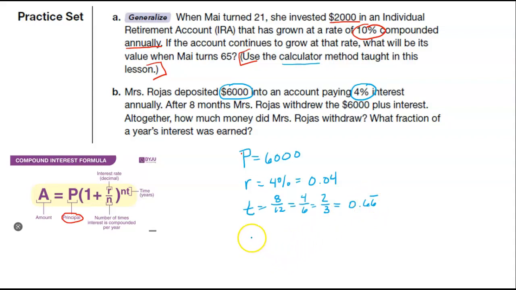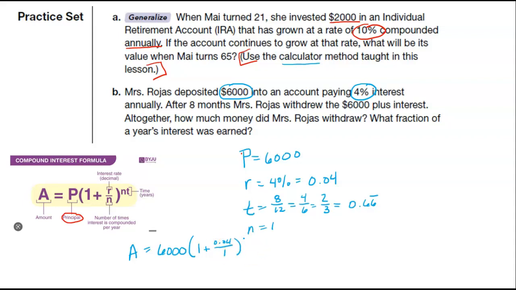What am I missing? Oh wait, N, the number of times it's compounded per year, is 1. But we didn't even get the whole thing. So let's see what we get. A is equal to 6,000 times 1 plus R, which is 0.04 over 1. That's not bad.